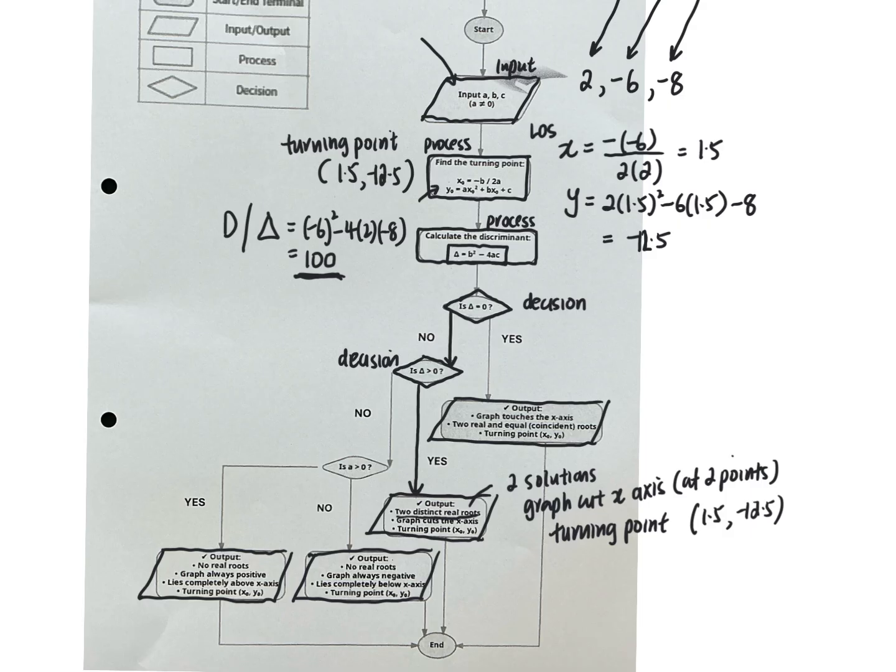So there are 4 possible outcomes. You can have a situation where you have no real roots, but the graph is always positive or always negative. You can have a situation where you have 2 distinct real roots, or you can have a situation where you have 2 real and equal roots. So these are the 4 possible scenarios that eventually you will memorize.